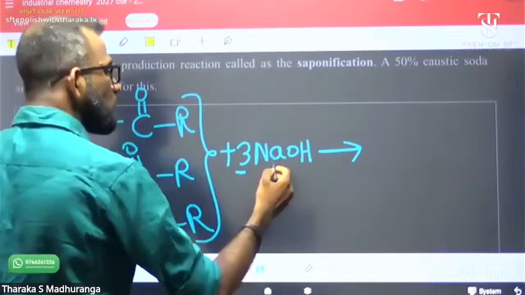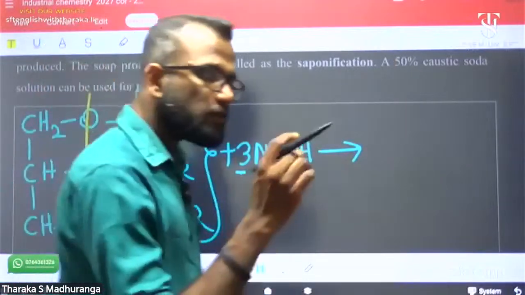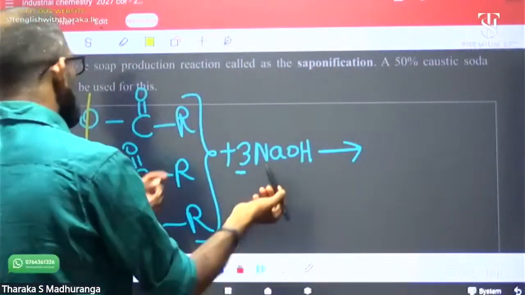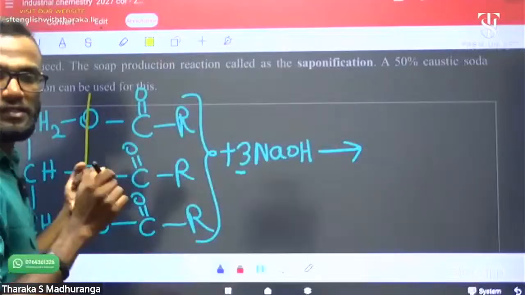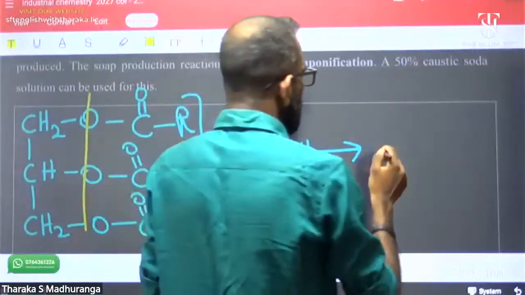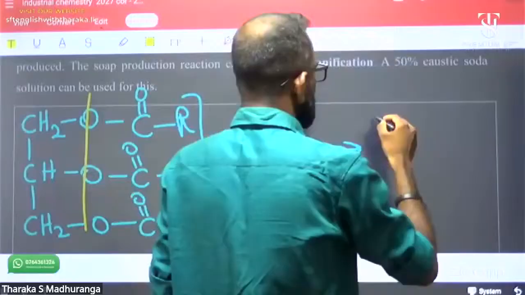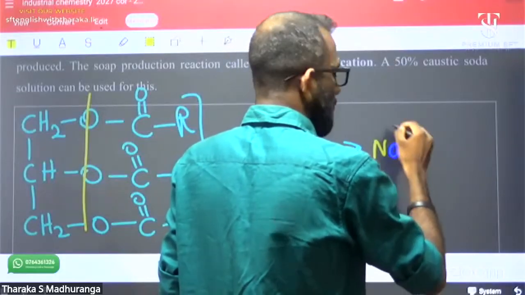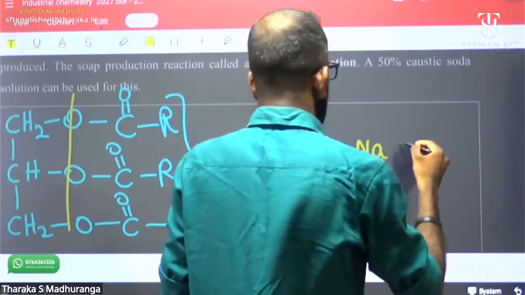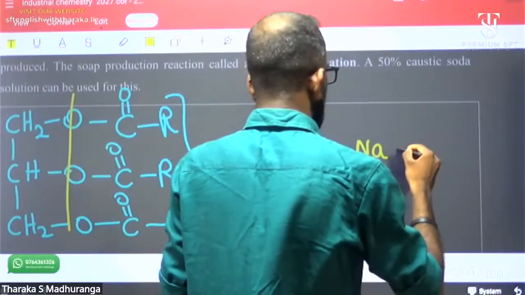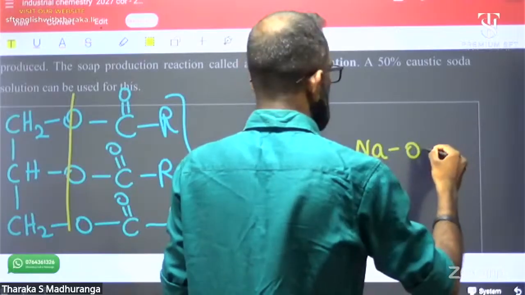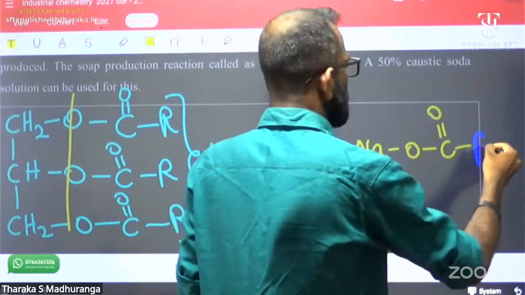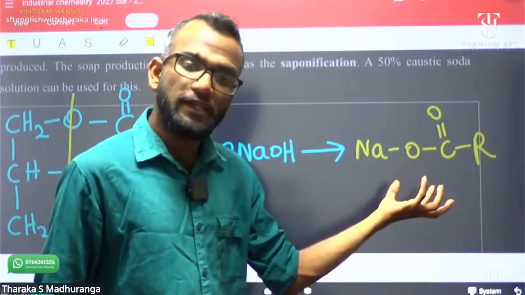In the breakdown process of this triglyceride, producing glycerol and 3 fatty acids, what happened? This sodium hydroxide also breaks down as sodium ions and OH ions. These sodium ions combine with fatty acid, like this. This is sodium stearate.